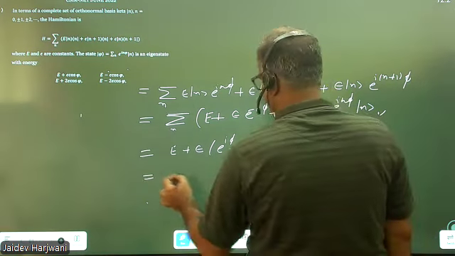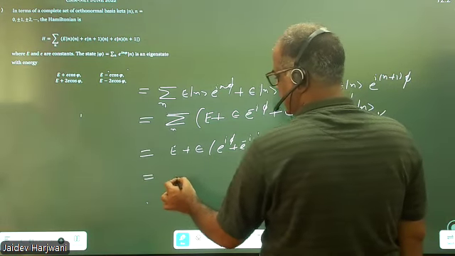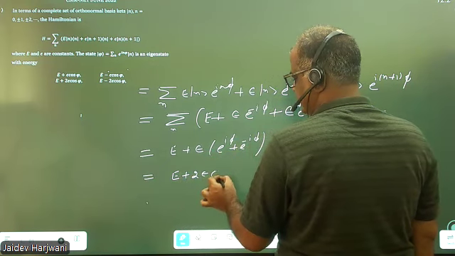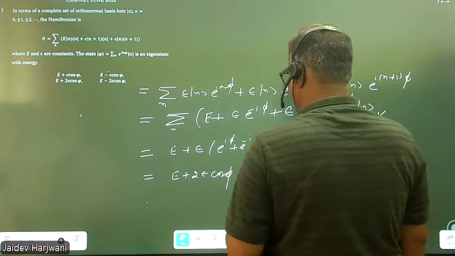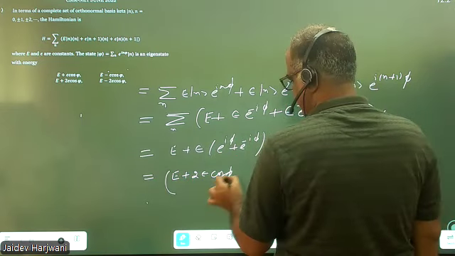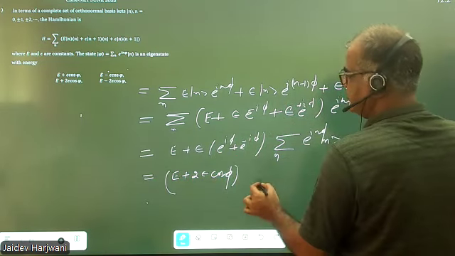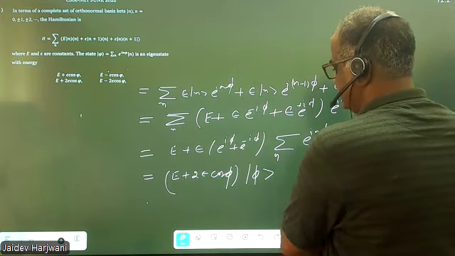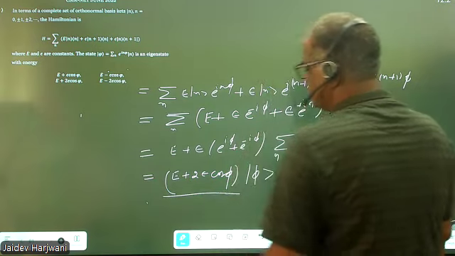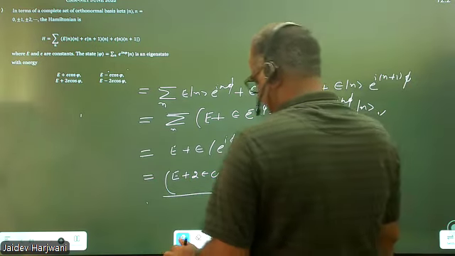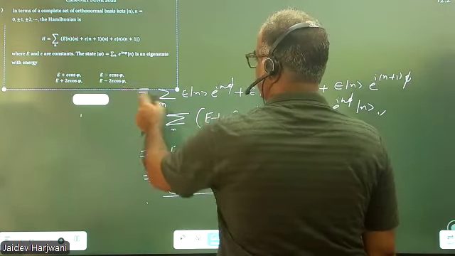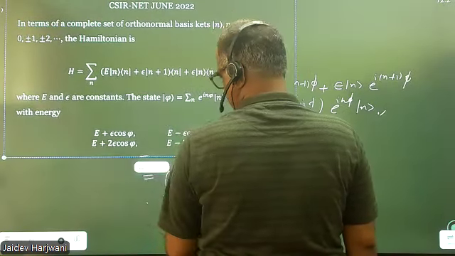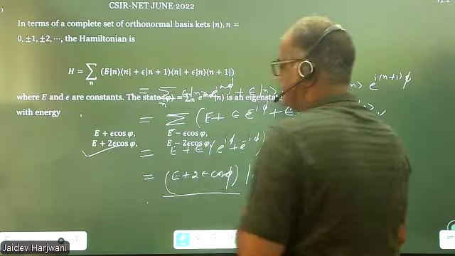And now this becomes E plus E times 2 cos phi, acting on phi. So now the eigenvalue becomes E plus 2E cos phi. If I see the options, option C is the correct answer for this question.